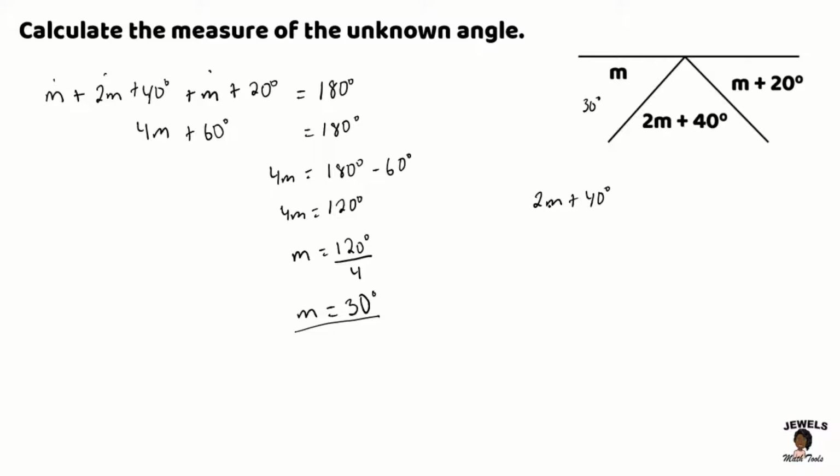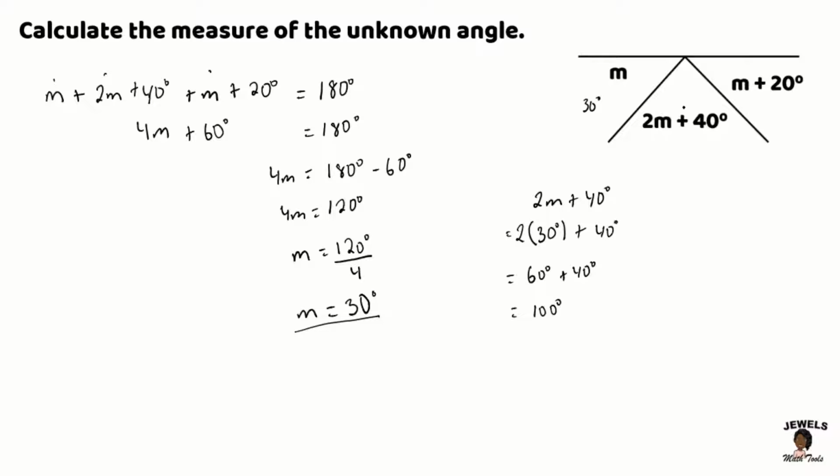And remembering that my m is equal to 30 degrees, it means I'm now going to be multiplying 2 times 30 degrees and then adding that to 40 degrees. So 2 times 30 degrees is equal to 60 degrees, and when 60 degrees is added to 40 degrees, this will equal 100 degrees.